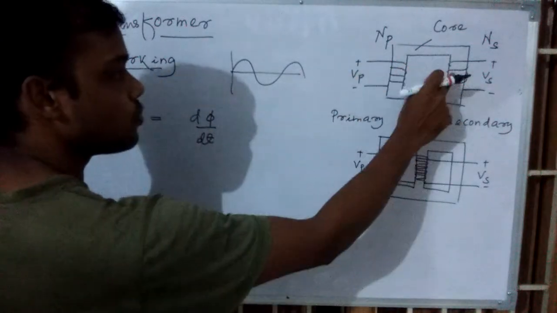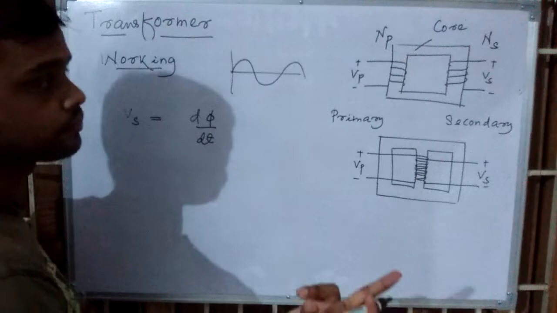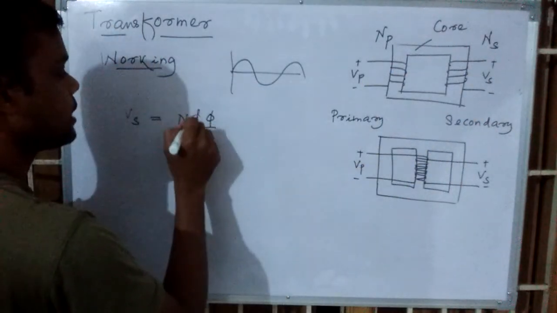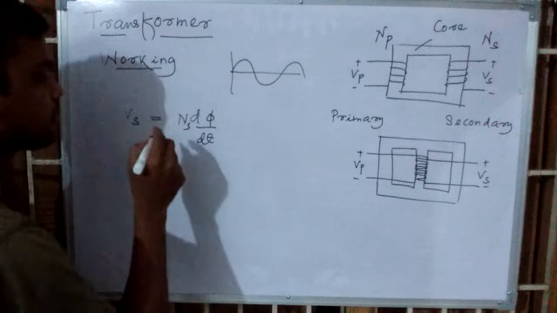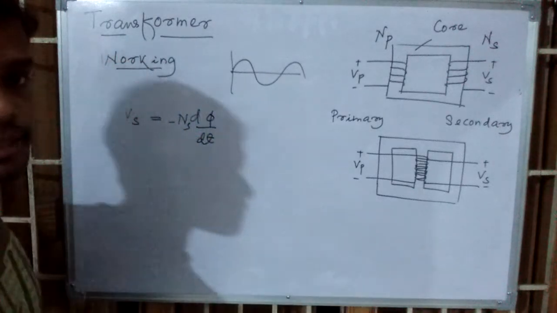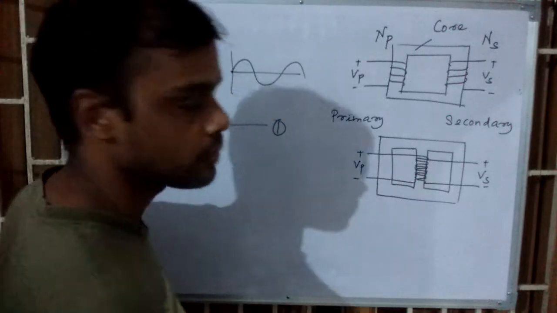Since the flux linking to one loop is phi, if there are Ns turns, then the total flux will be Ns phi. Now according to Faraday's law, Vs is equal to minus Ns d phi by dt. Very simple. So this is equation number 1.